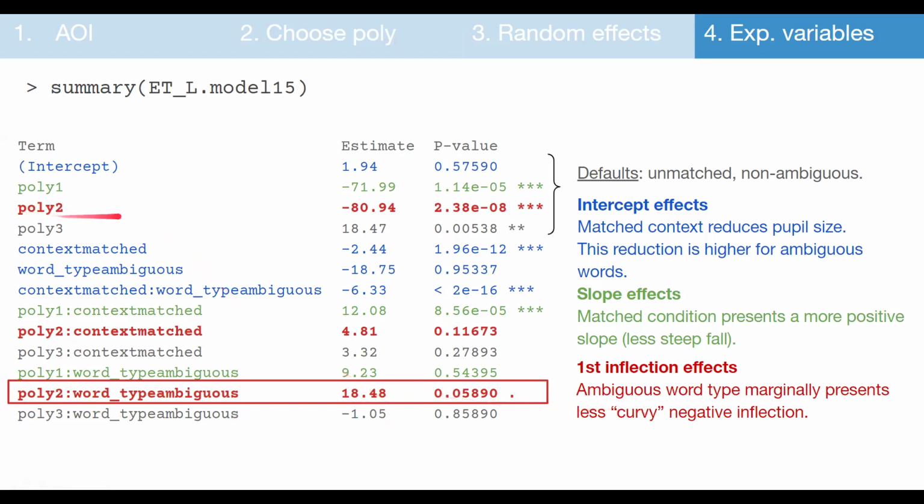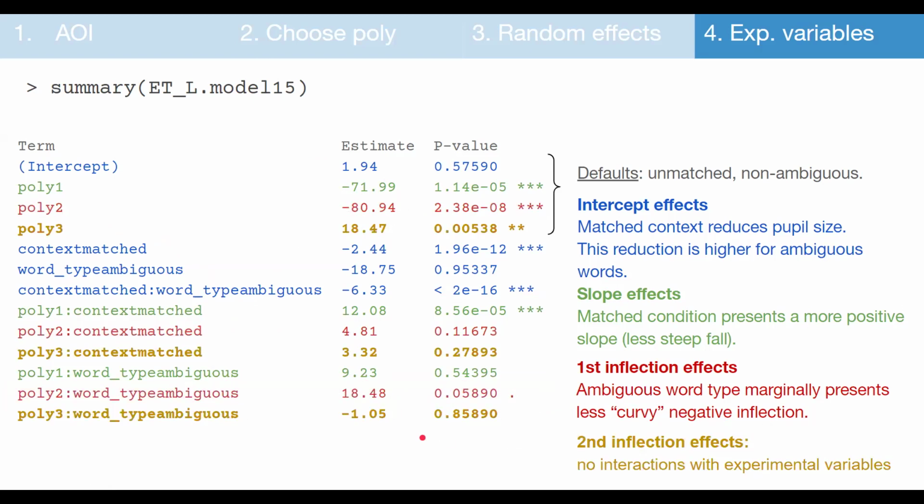So we see from this line that the inflection was negative, that is, it is a sad face. And for the ambiguous word, this sad face is a little bit less sad. But this is not significant, but I'm just telling you this to talk about the inflections too.